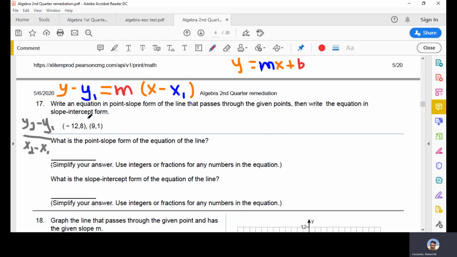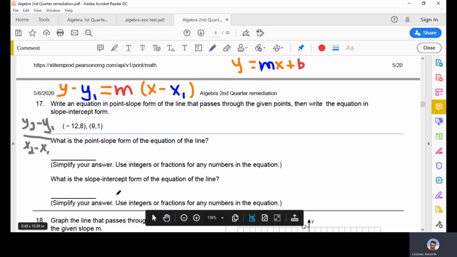We need to take this equation, plug in these 2 points. What's our m? Then we pick one of the 2 points at random and put it into this point-slope formula. Then the second part says, now give your answer in slope-intercept form.